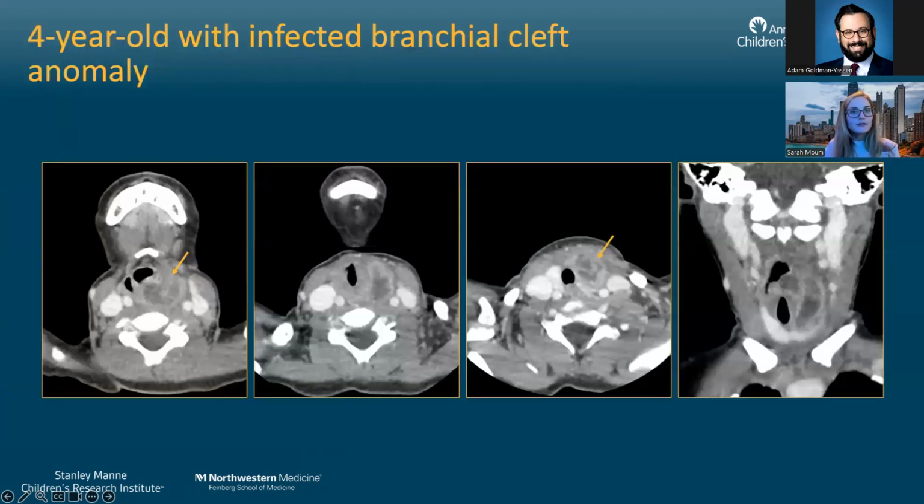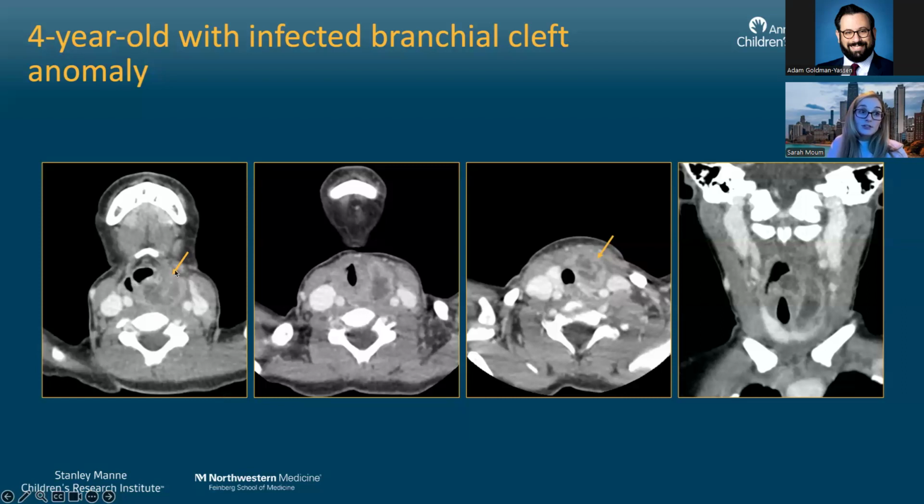Okay. And then finally, this is the last patient for this section. This is a 4-year-old who presented with fevers, left neck swelling, and left neck pain that had been going on for about a week. So we can see on imaging that there's this heterogeneous collection. And if you scroll too closely, you might think it was in the palatine tonsil, but this is a little bit too posterior, and in the wrong location for that.